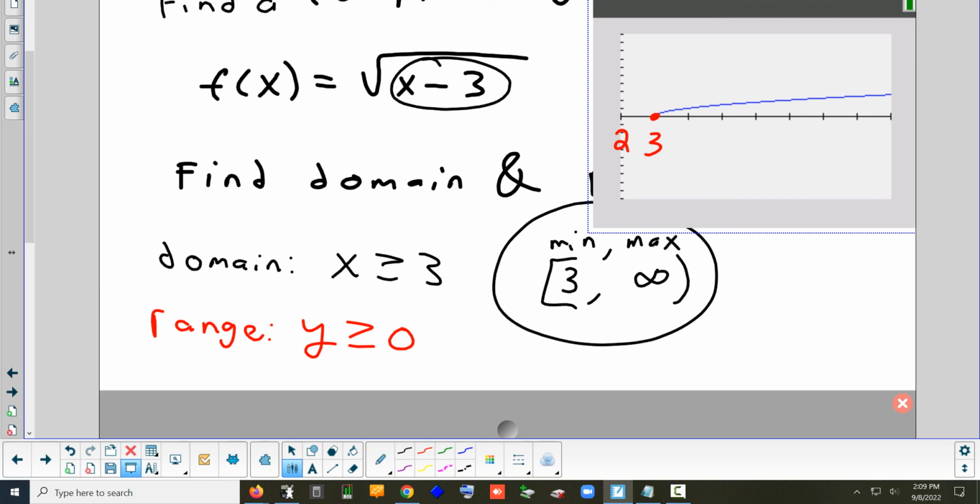So you could say your range is all numbers greater than or equal to 0, or everything from 0 as high as you want to go, including 0, not including infinity. And that's how you describe the domain and the range of that.